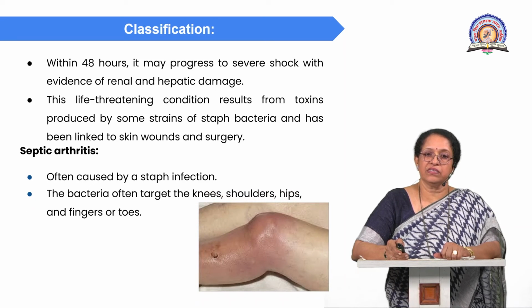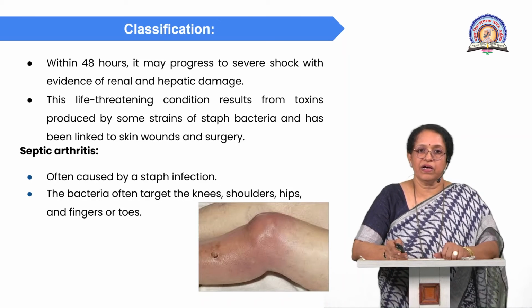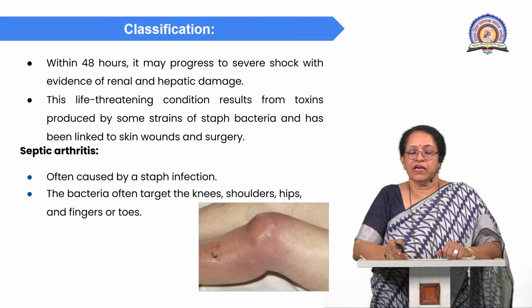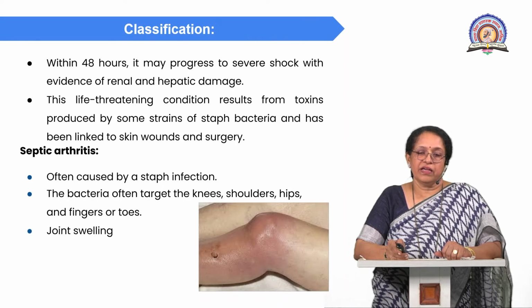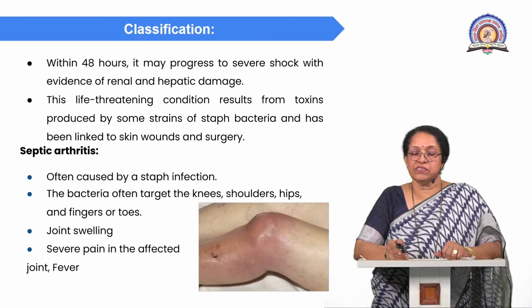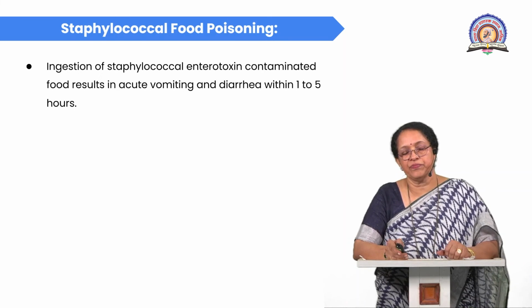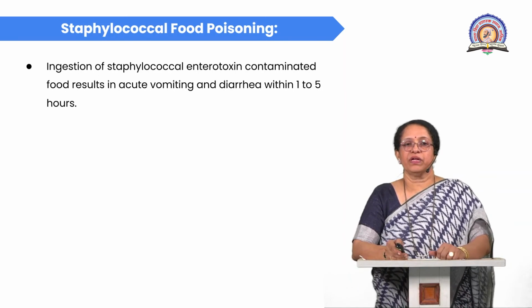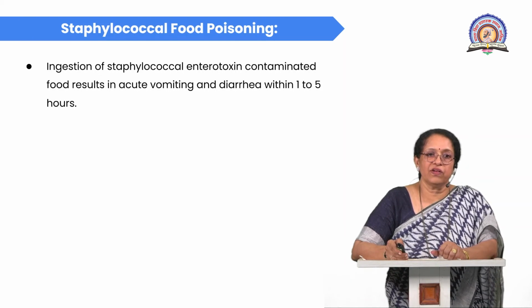As you can see, there is an inflammation of the joints because of infection as well as erythema and edema. Third, there is a target or tooth by the microorganism. There is a swelling of the joints and severe pain in the affected joint, as well as high grade fever observed.